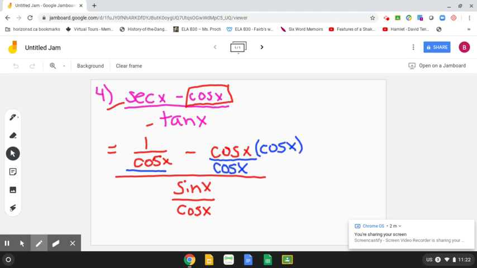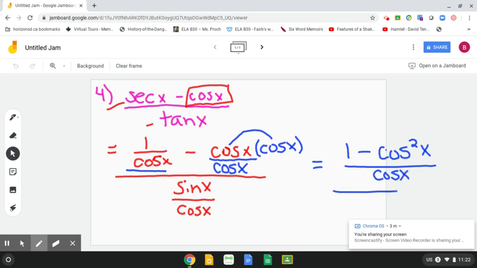Now I'll rewrite what I just did. I have the 1 minus, then cos x times cos x, which is cos squared x, so cos squared x over cos x. And then that's all over sine x over cos x.